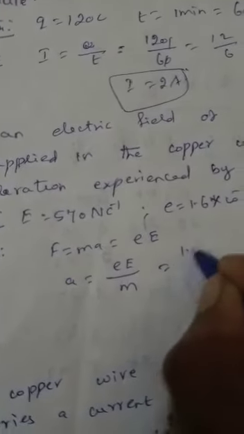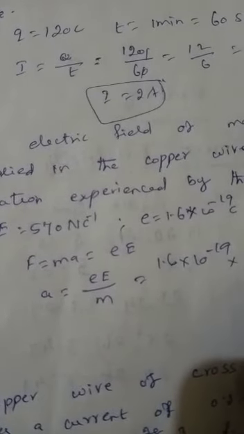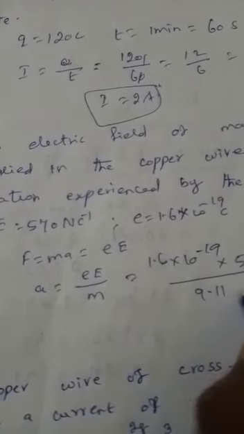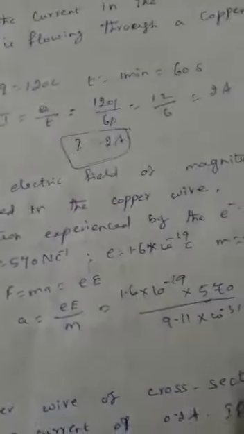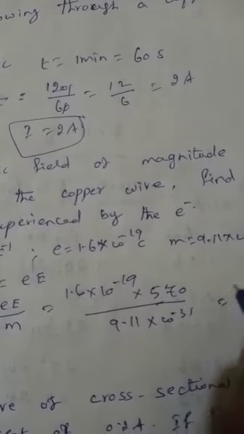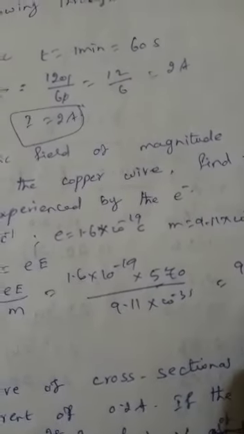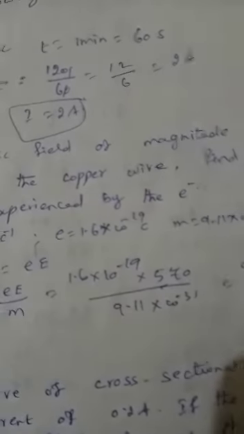Now substitute the values. So 1.6 into 10 power minus 19 into 570 divided by 9.11 into 10 power minus 31. If you do the calculation, first multiply 1.6 and 570, we get 912 into 10 power minus 19, and dividing by 10 power minus 31 gives plus 31.